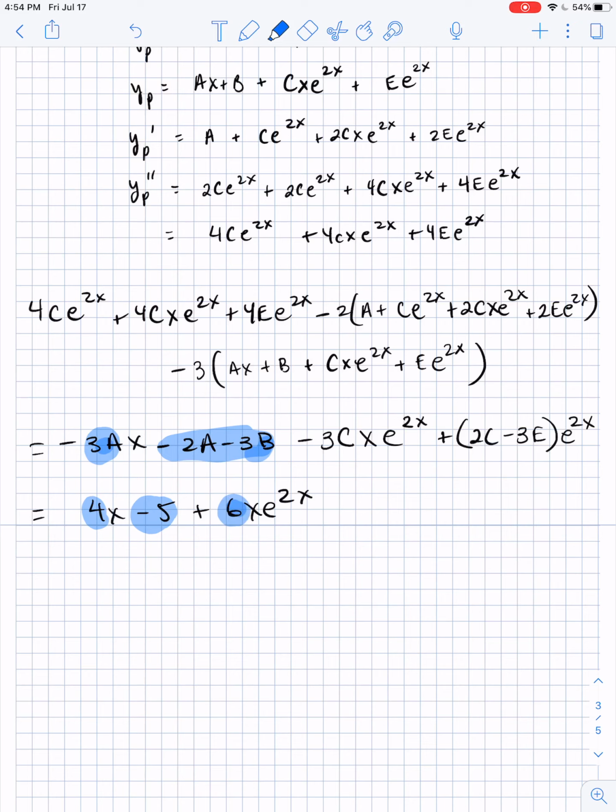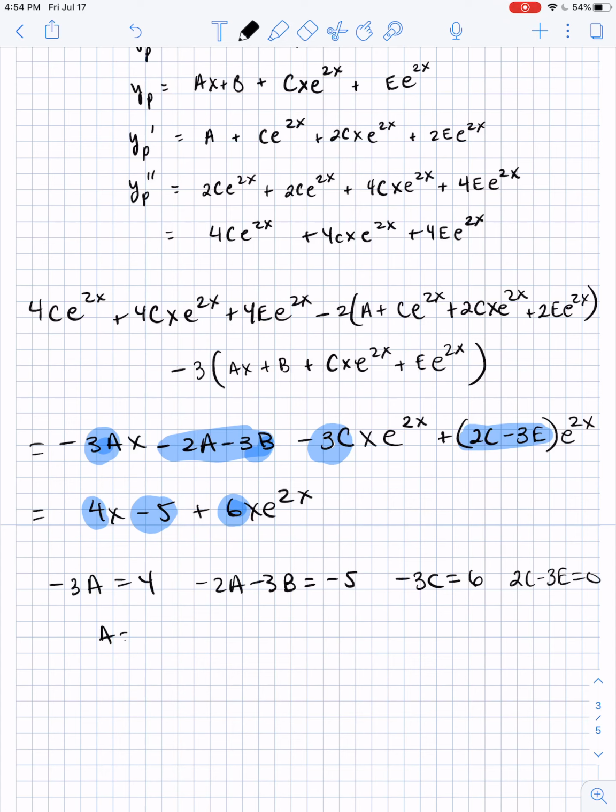This 6 will be that negative 3c, and then this has to equal 0, just based on matching them up. So I'm going to have negative 3a equals 4, negative 2a minus 3b equals negative 5, negative 3c equals 6, and 2c minus 3E equals 0.